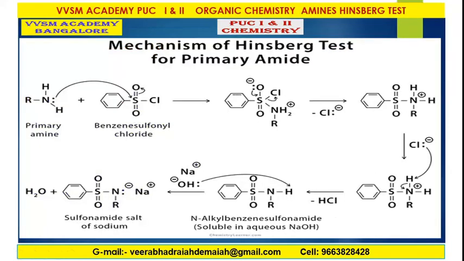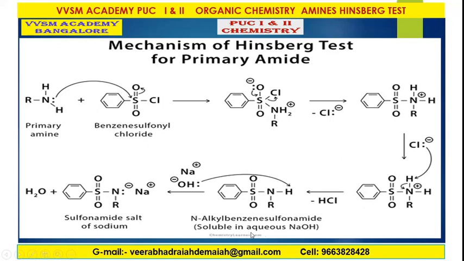Mechanism of the Hinsberg test for primary amine. Now, the primary amine combines with benzene sulfonyl chloride. Here there is electron transfer, and these are the mechanisms of this one, where delocalization of electrons occurs, with the elimination of chlorine and the elimination of hydrogen chloride.